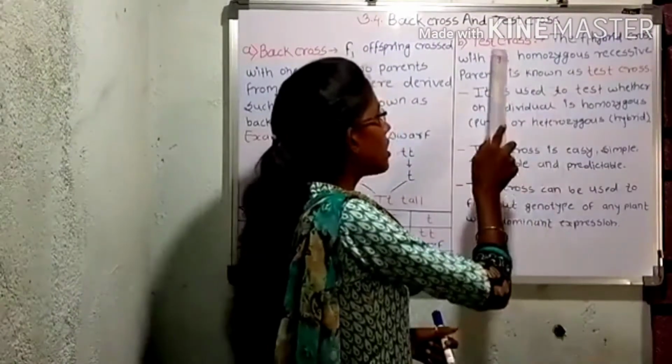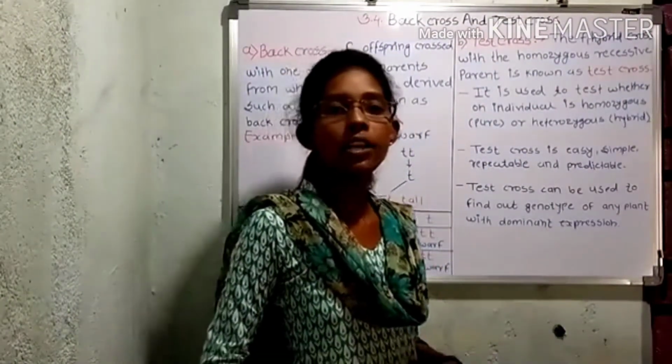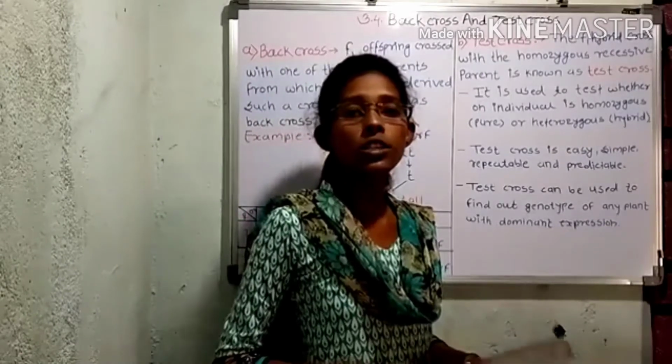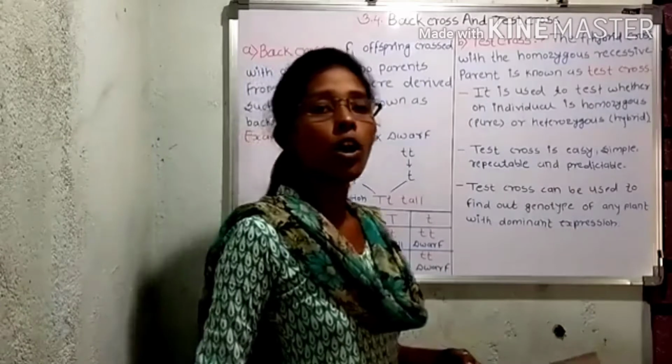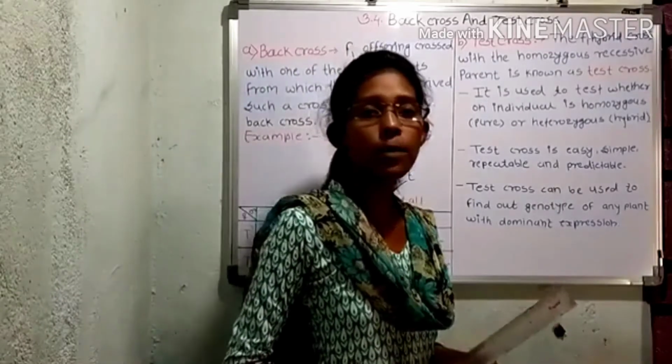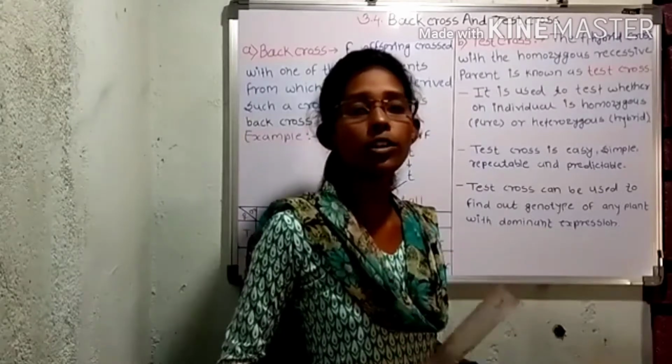Then the next cross is the test cross. Test cross is a simple method devised by Mendel to know the genotype of the F1 hybrid. When hybrids express a recessive trait, for example a dark pea plant, it definitely has the genotype small t.